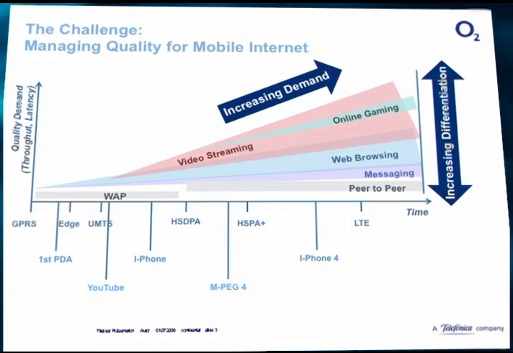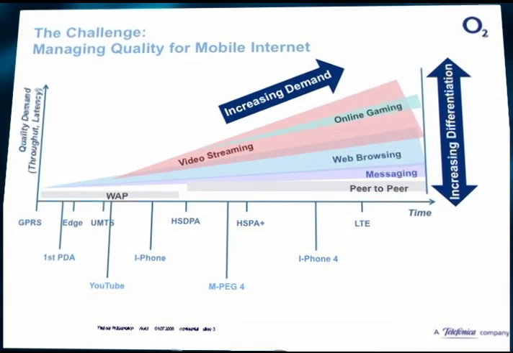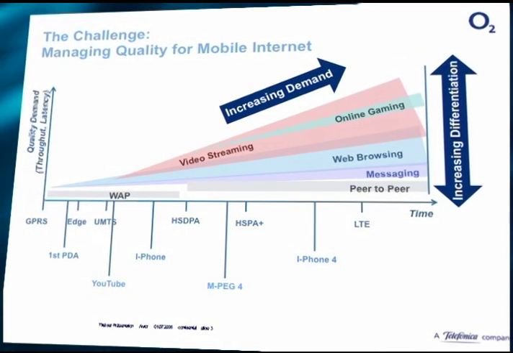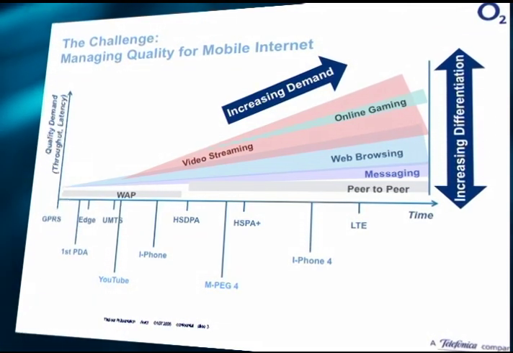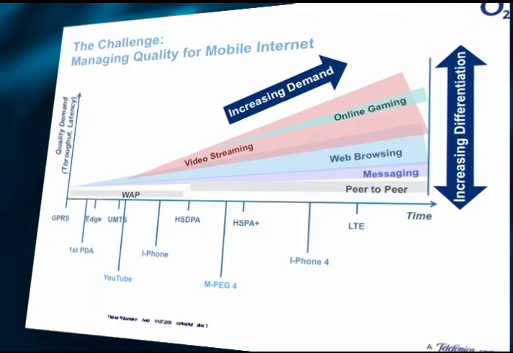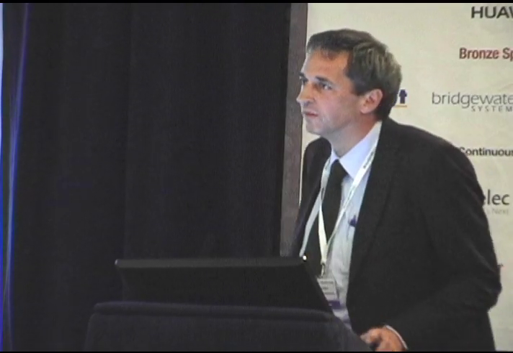And secondly, we see an increasing differentiation of quality demands, though the more or less transparent bit pipe we have seen in the past starts to show some structure, which is mainly due to different quality demands coming from different services.